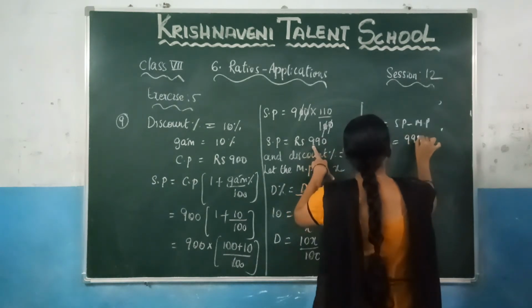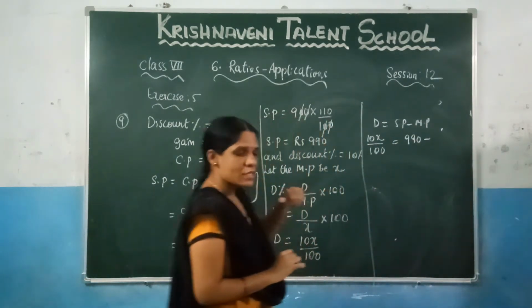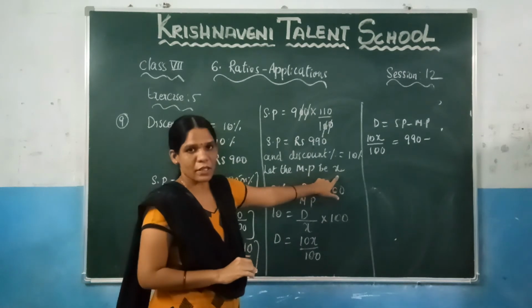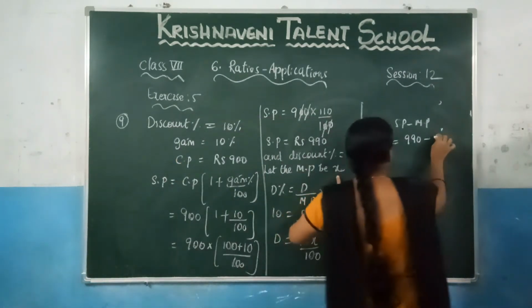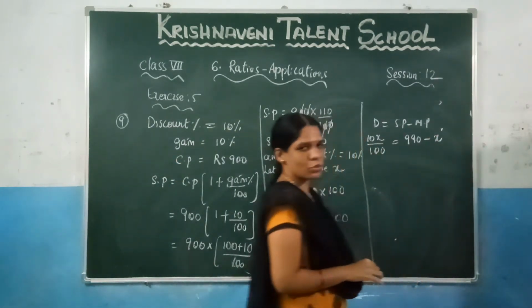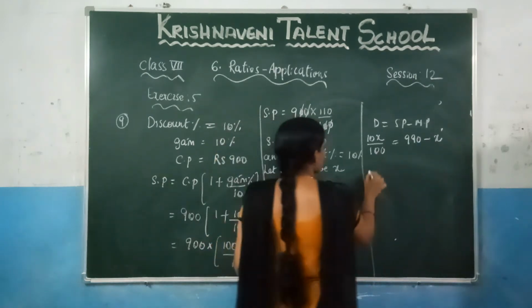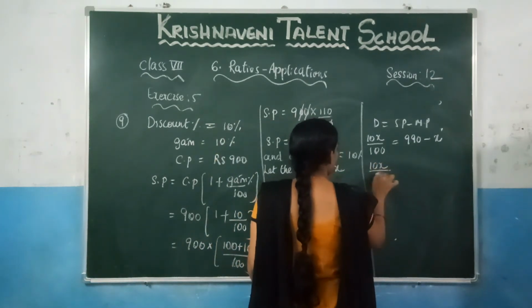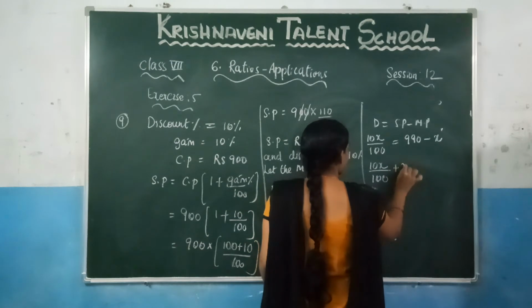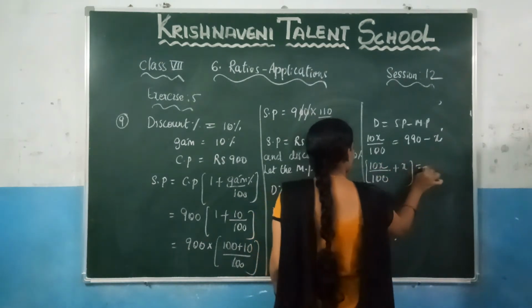So write here 990, minus x. Now take this x to that side. It will become addition. So you will get 10x by 100 plus x is equal to 990.